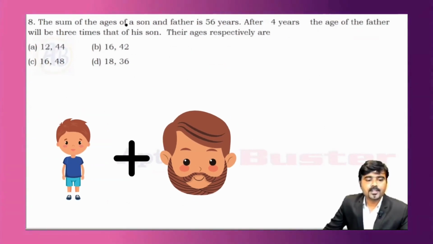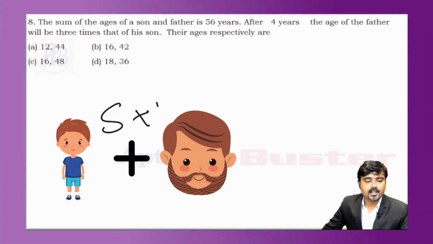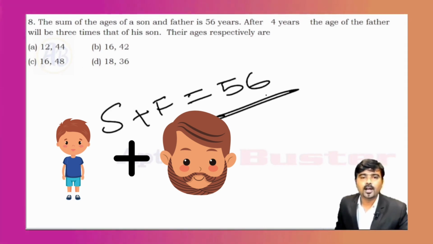Next, the sum of the ages of son and father is 56. After 4 years, the age of the father will be 3 times that of the son. The ages respectively are, go through the answer choices: 12,44; 16,42; 16,48; 18,36. The sum of son and father's age is 56, it is given, right? Go through the answer choices.